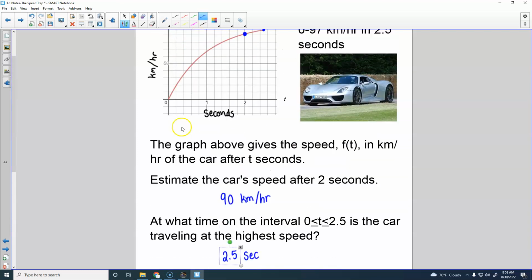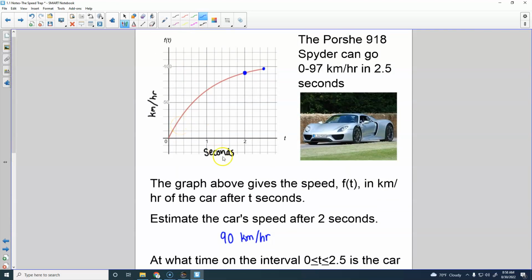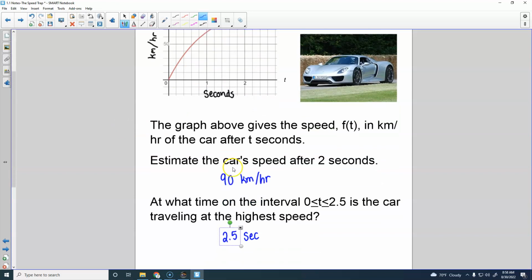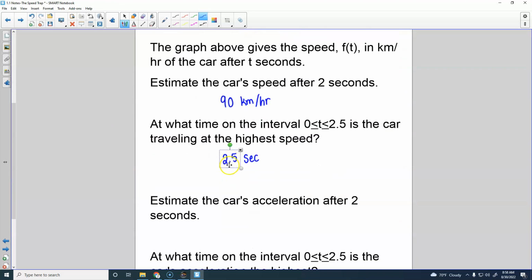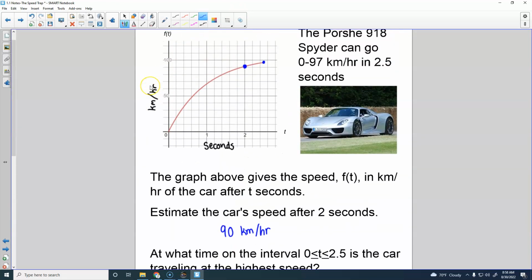Now, we do have a problem here. I've got kilometers per hour here, but I have seconds on this axis right here. So I'm going to have a hard time finding acceleration where I don't have those units to match. I guess I could report this in kilometers per hour per second. You could use those units, but that's not very standard. You're not going to see that given very often.